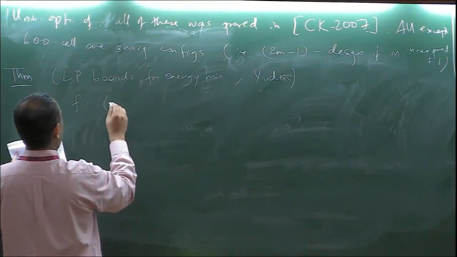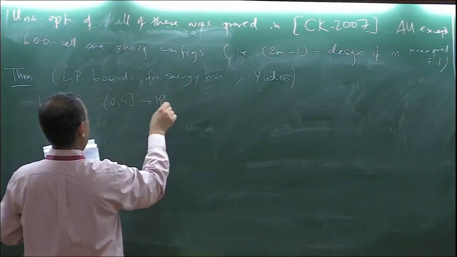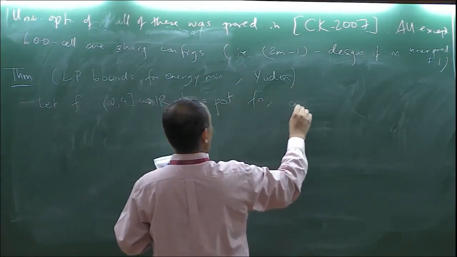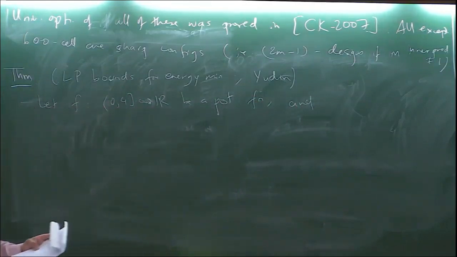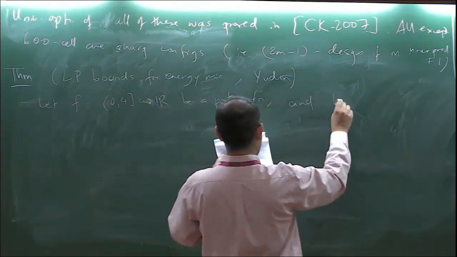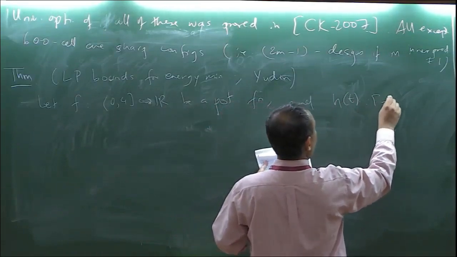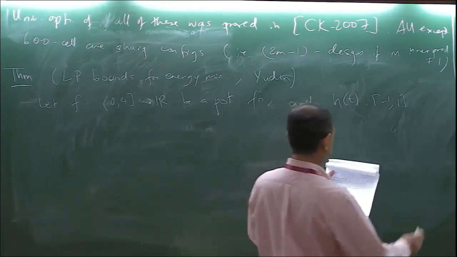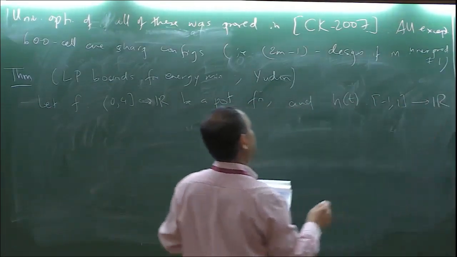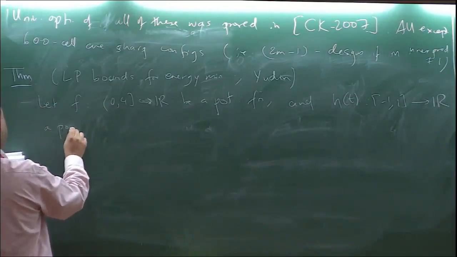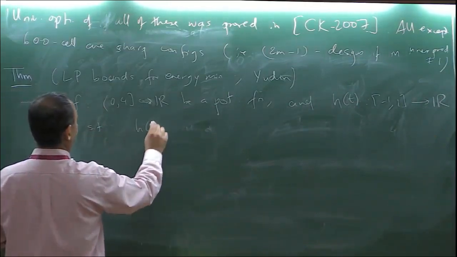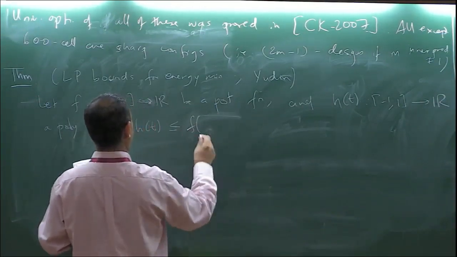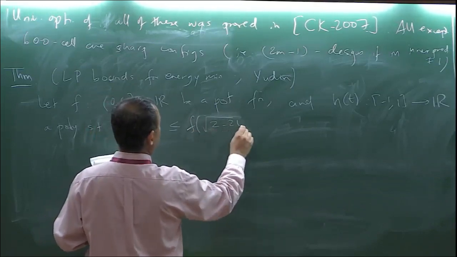So let f from 0 to infinity be a potential function. And suppose that you have a polynomial, which I'm going to write as a function of inner product. f you think of as a function of distance, this is a function of inner product, a polynomial h such that h of t is less than or equal to f of the corresponding r, which is the square root of 2 minus 2t.